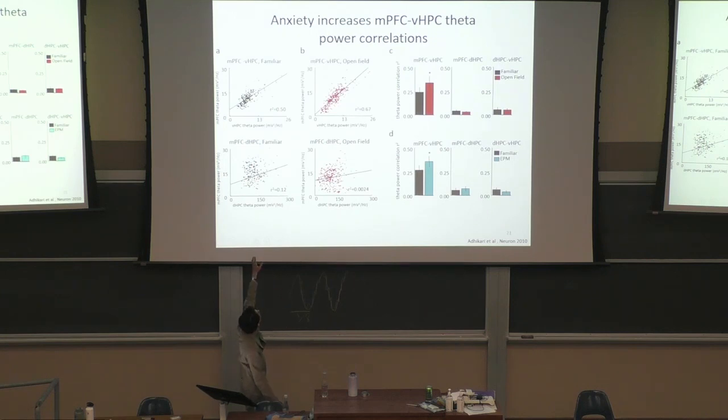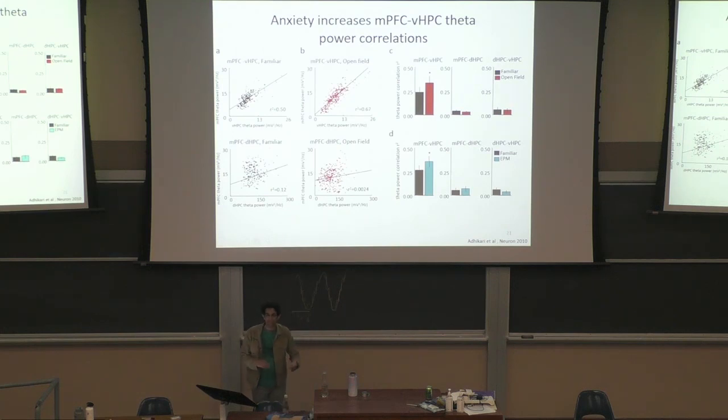You see the correlation increases from 0.5 to 0.67. And if you look at the correlation between the prefrontal cortex and dorsal hippocampus, that correlation is always low and doesn't increase from the familiar, safe environment to the anxiety-provoking open field.